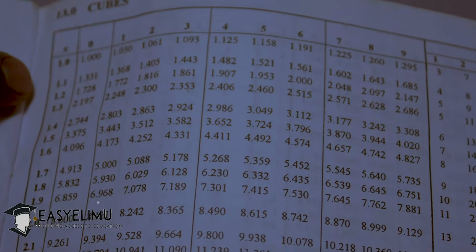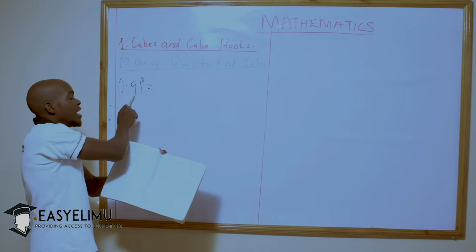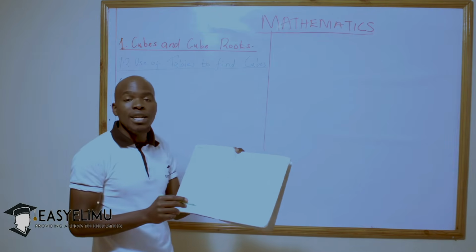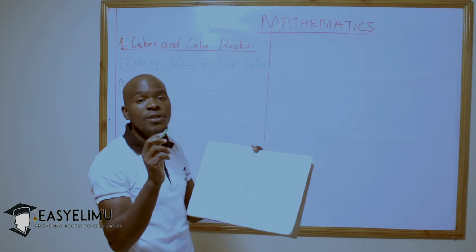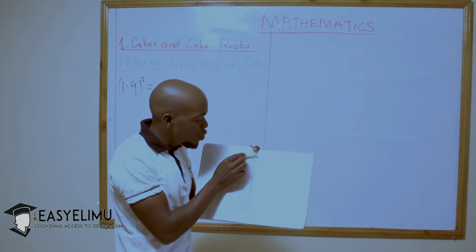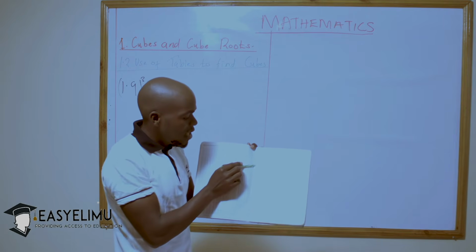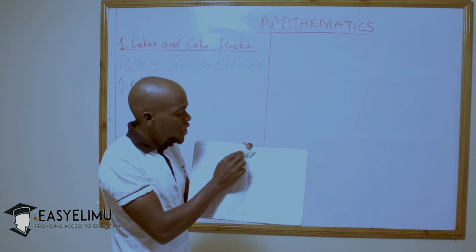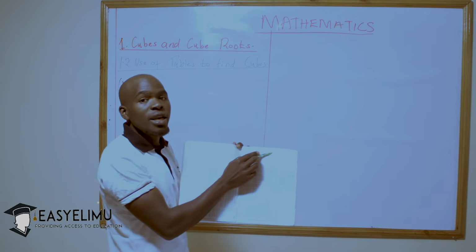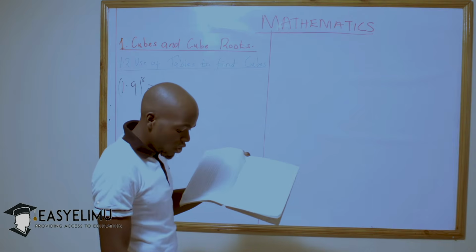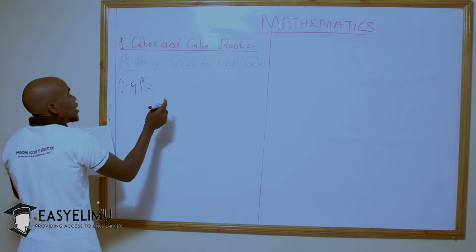And since we have just 1.9 here, it means we have no additional digit to that 1.9, so the additional digit will be 0. So we shall view 1.9 here, then the column here which is 0, 1, 2, 3 up to 9, it means that is the additional digit to 2 decimal places.